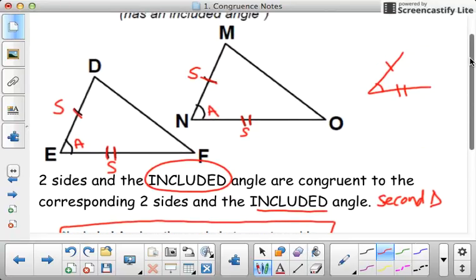So I can prove this by saying side, angle, side. Remember, these tick marks show me that sides are congruent, and these little arcs in the corner show me that angles are congruent. I have to be able to distinguish between those. The important thing about side, angle, side is the angle is between them. The angle cannot be out here and still prove side, angle, side. I'll show you that in an example in a minute.